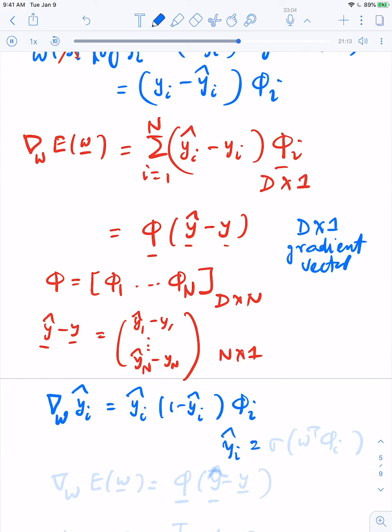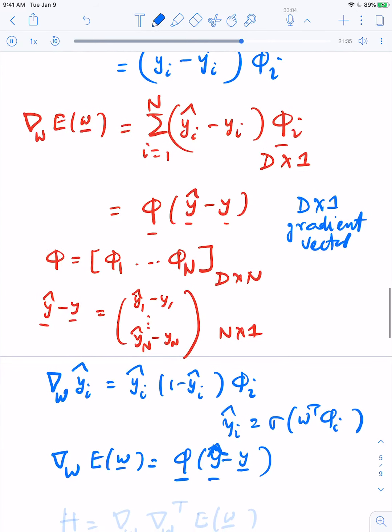Yi hat, of course, is sigma of W transpose phi. So I have that, and then I have the gradient of E of W compactly written as this phi matrix, times the y hat minus y vector, right?